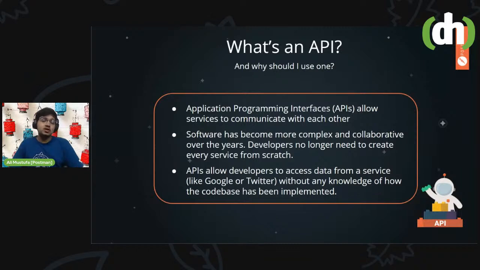And as we have seen over the years, software development has become more complex, but it has also become collaborative. You need to iterate, and you need to iterate fast. You need to add a lot of features, and you don't necessarily have to build these features from scratch. You can actually use the features which are already available, made by different companies, and just integrate them using their external APIs.